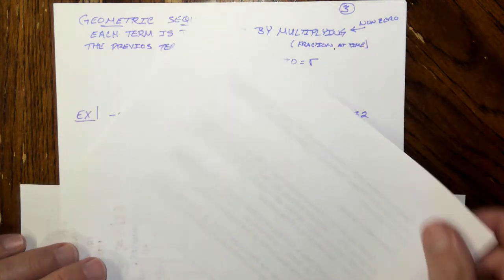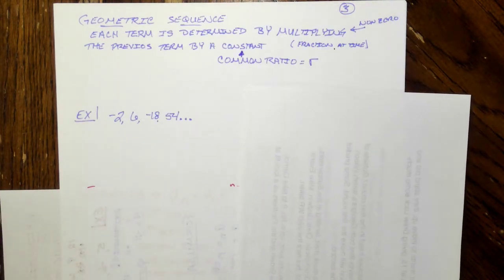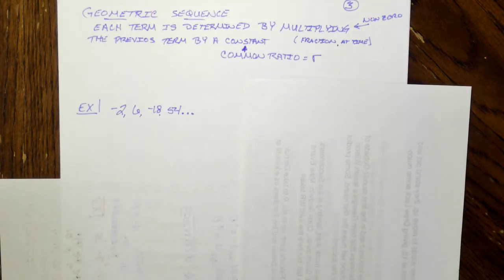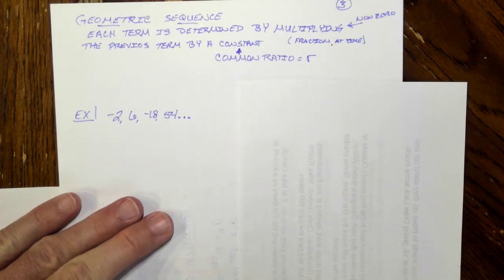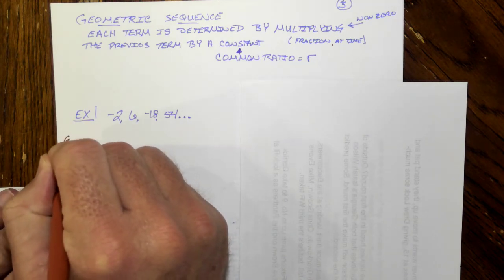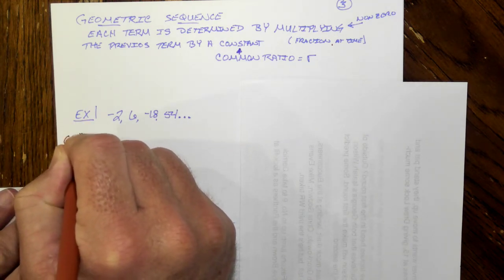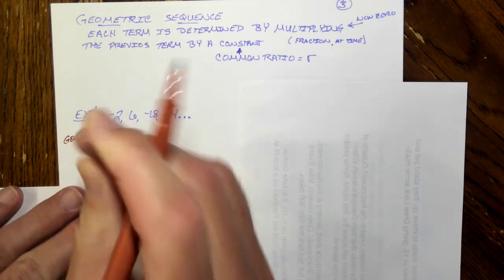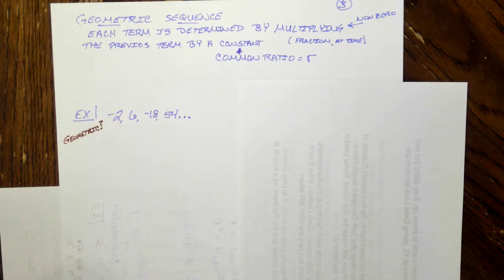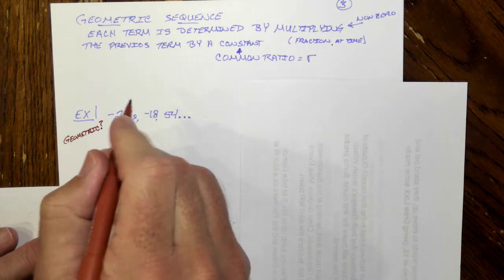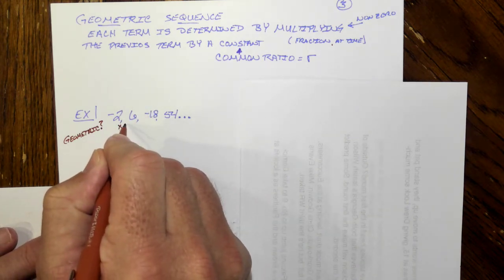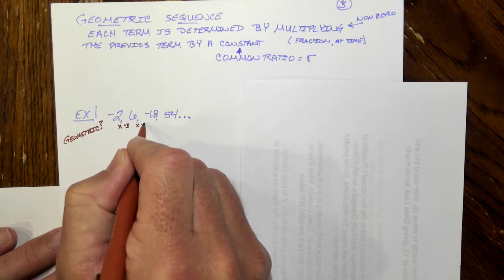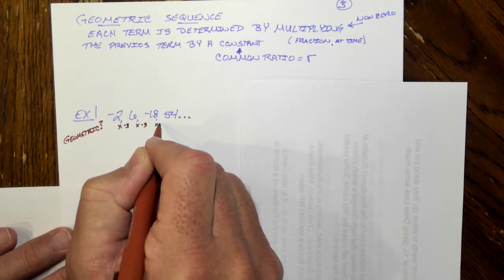So let's look. Question is, do we have a geometric sequence or not? Now, many of you are going to see, okay, I multiplied by -3, I got that, multiplied by -3, multiplied by -3.